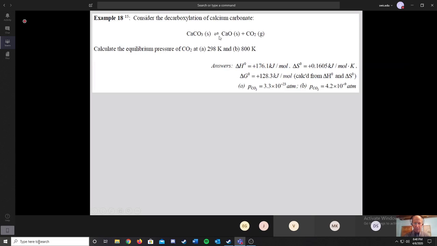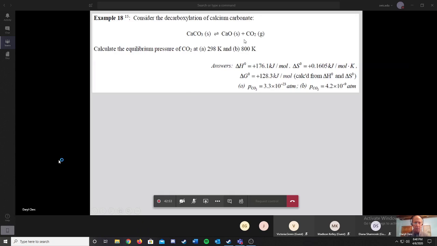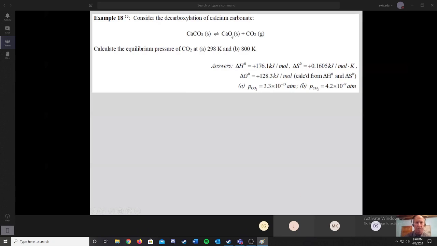It's decomposing into lime, which is calcium oxide, and CO2. This is a reaction that occurs in a lime kiln, by the way, where they take limestone, like in the bluffs in this area, and they bake it in a kiln. If you heat it up hot enough, it'll get rid of the CO2 part of it and make lime. Then the lime is packaged up for use in cement.